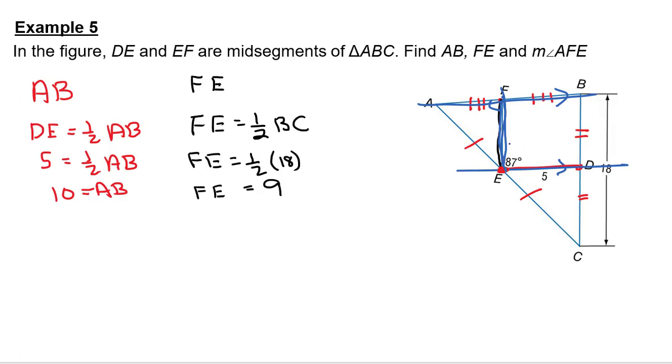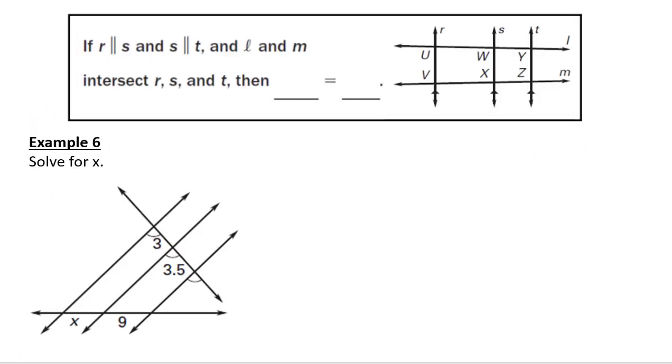FE is a transversal, so 87 is going to equal AFE by alternate interior angles. So that equals 87 degrees. Okay. Next.